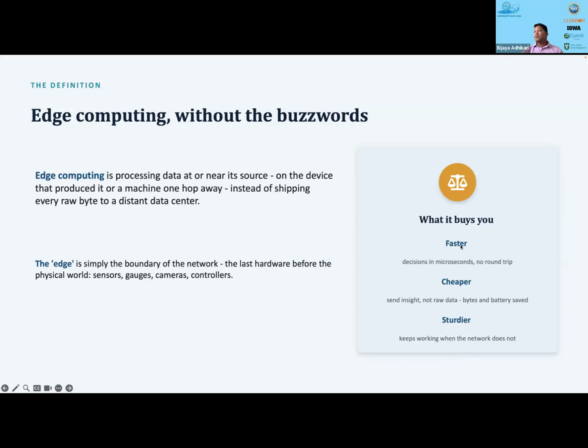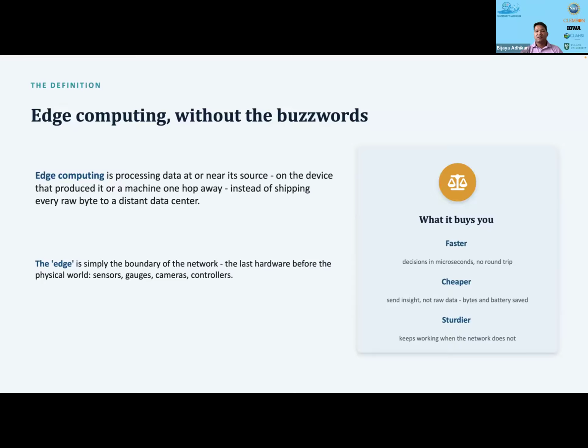So what does it buy us? It's faster because we are computing on the data that's being collected right there at the point of data collection. It's cheaper, because as we saw earlier, radio transmission is the most expensive part of the power budget of the edge device.